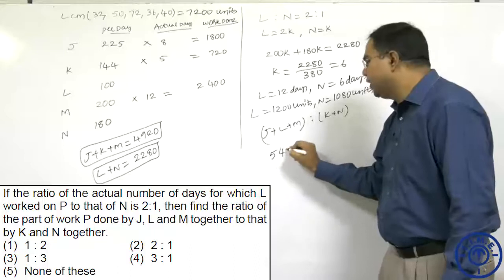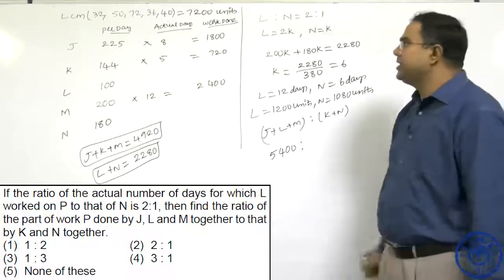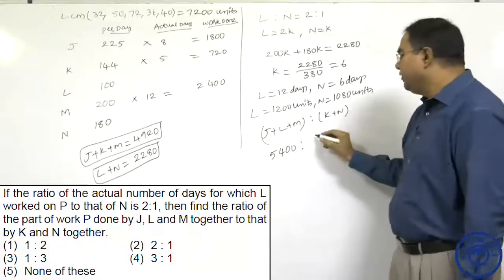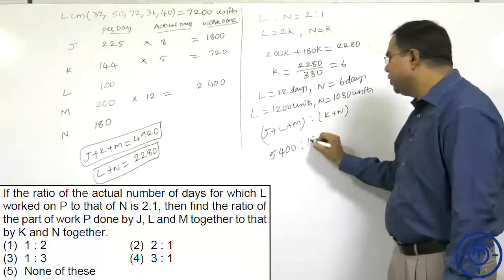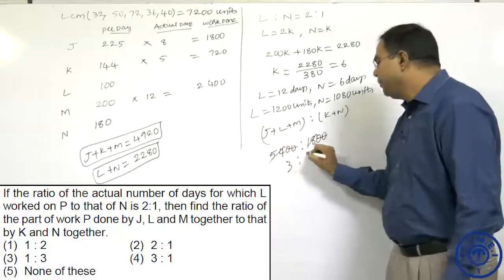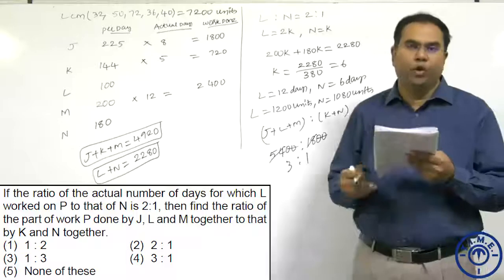So, it is 5400 is to K plus N. K is doing 720, N is doing 1080. If you add these, 720 plus 1080, it is 1800. So, the ratio is 3:1. It is present in option 4.